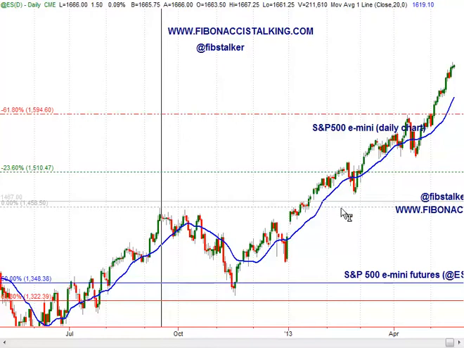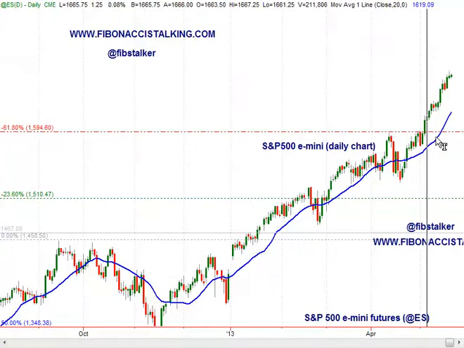Price went to 1510 first, the first target. There was a small retracement here, and then price continued and hit the second target 1594. And as you can see, we had a clear reaction at these levels.